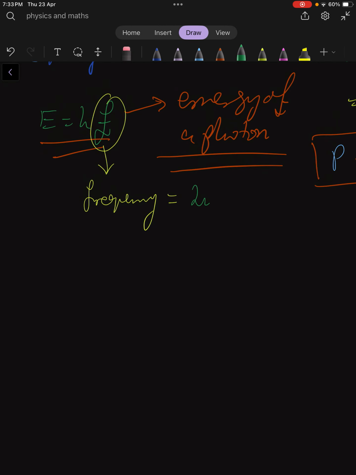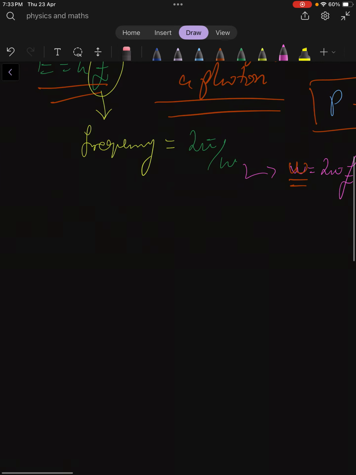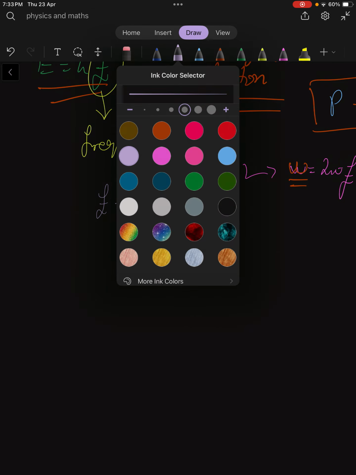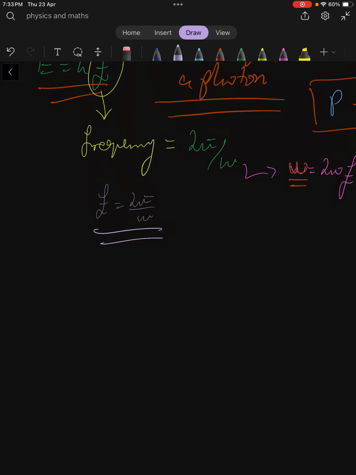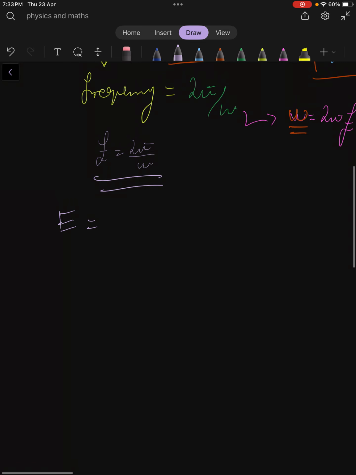I can write it in terms of omega, which came from the equation omega is equal to 2 pi f. When you make f the subject, you get omega. We don't need to get into depth of what omega actually is.